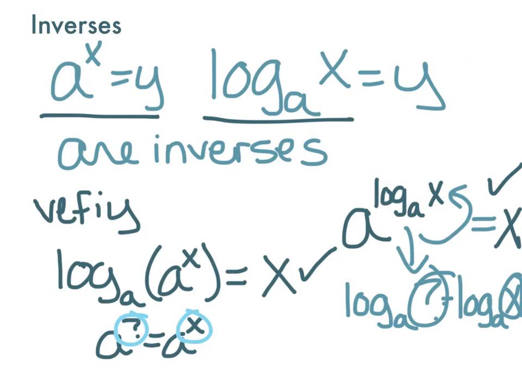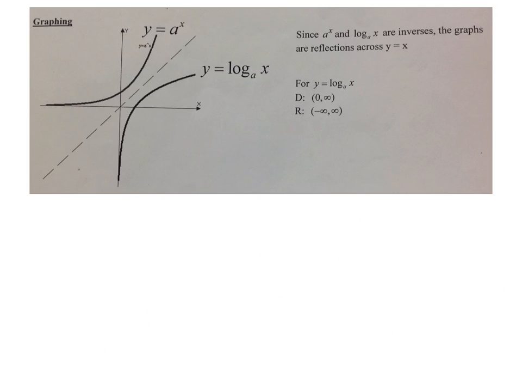Let's graph those. We know what the graph of y equals a to the x is. It's got a horizontal asymptote right here, and then it approaches the asymptote and it's exponential growth. The graph of y equals log base a of x is just going to be the reflection of that over the line y equals x.